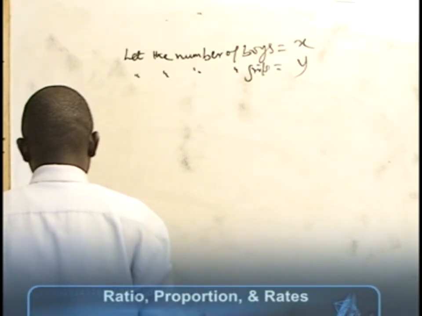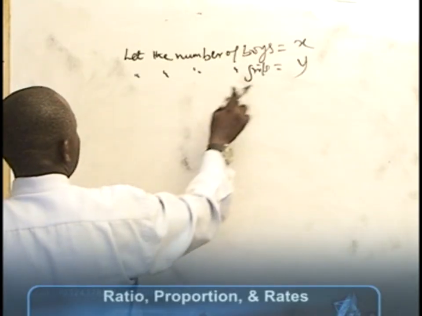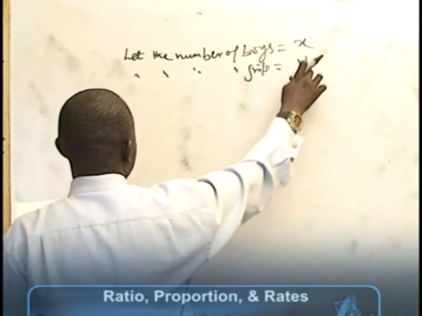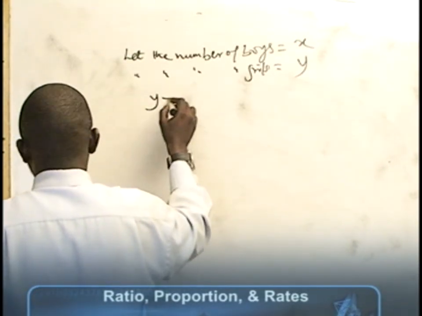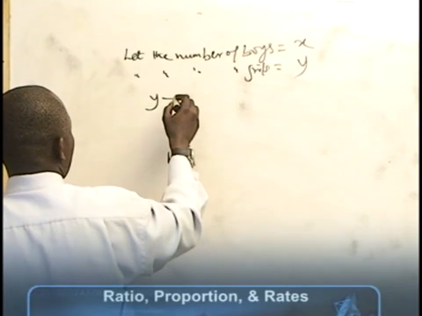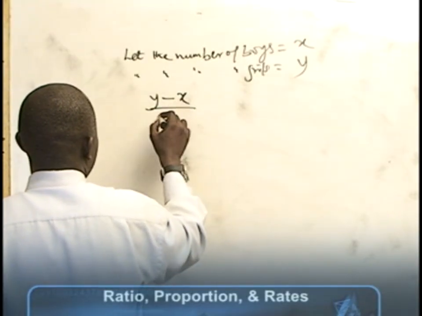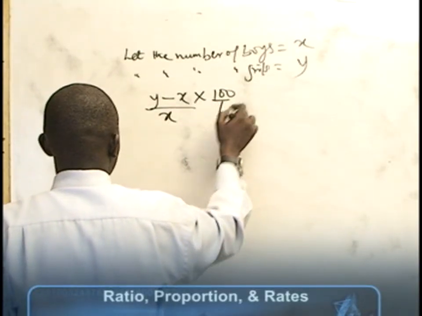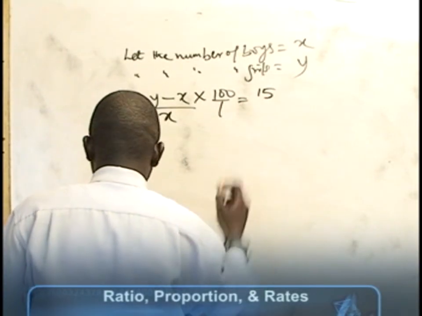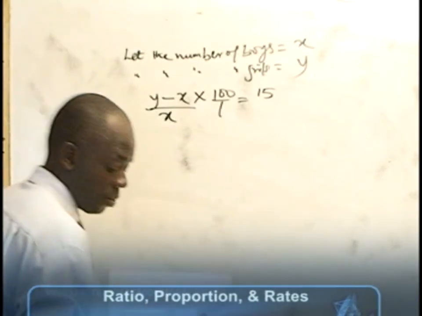To do that, you treat this one like the selling price and this one like the cost price. We're told that Y minus X over X times 100 over 1 is equal to 15%. That is the interpretation of that statement.